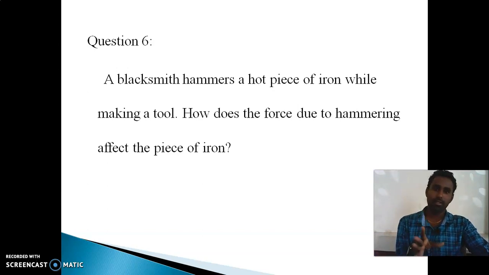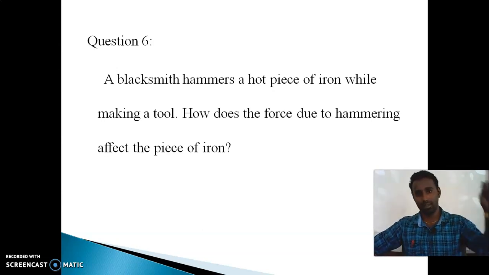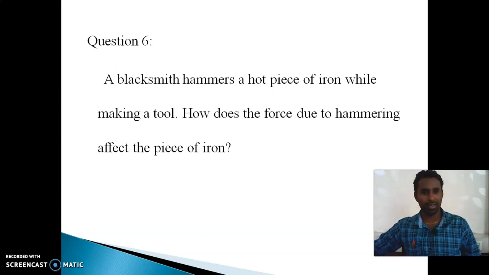Did you see in the workshop what that blacksmith does, hammering, right? They heat that iron to a red hot condition, and then they hammer it. That's called beating, and then they make the desired shape. How does the force due to hammering affect the piece of iron?